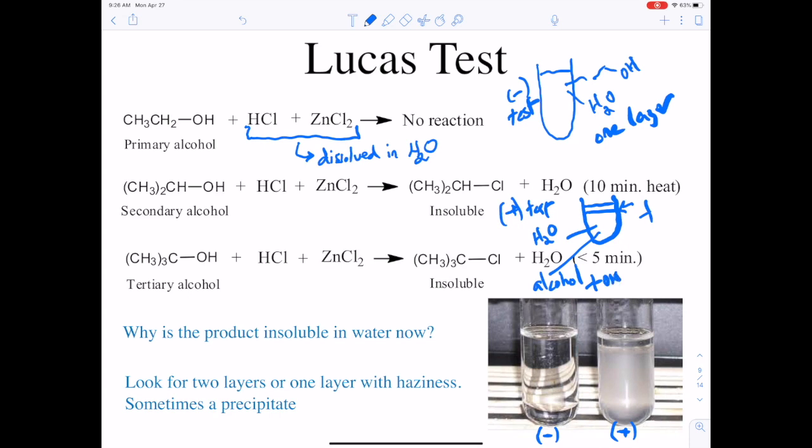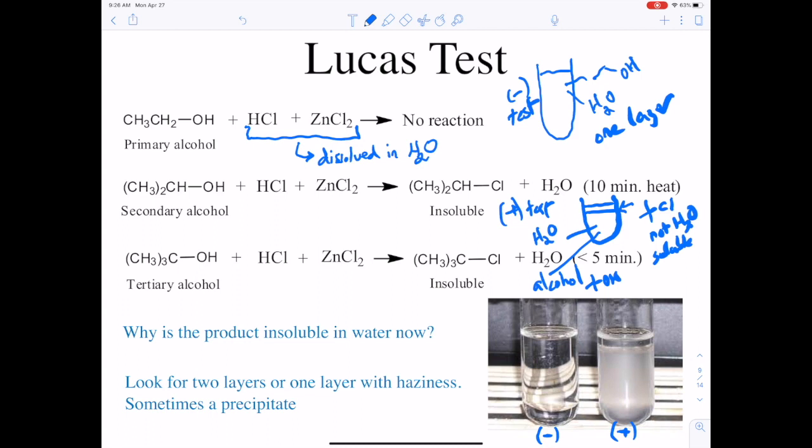If that was your alcohol, now becomes 2-methyl-2-chloropropane. But that no longer has hydrogen bonding capabilities. That is not water soluble. Hence the second layer that is now floating on top of the aqueous layer.